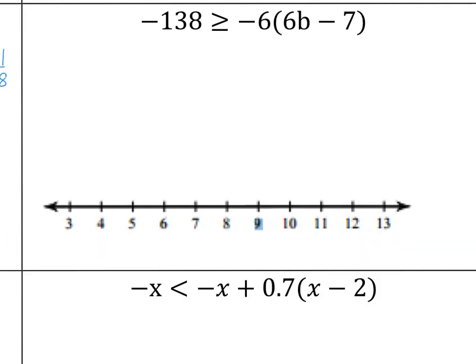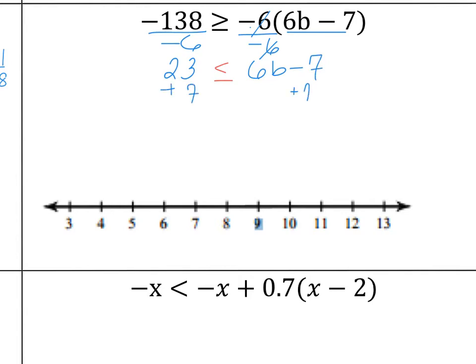Okay, and let's look at this problem. We can first divide it by -6. Okay, and if we do that, we need to reverse the inequality sign. So -138 divided by -6 is 23, and then -6 divided by -6, we cancel that out, and we can just copy 6b minus 7, and then we can add 7 to both sides, and this would give me 30.